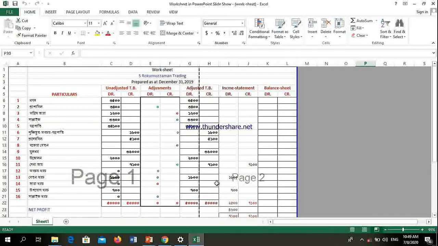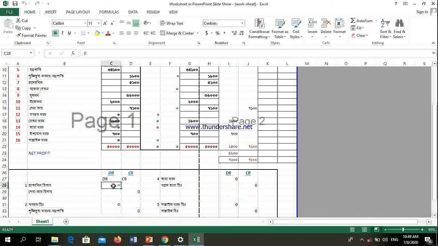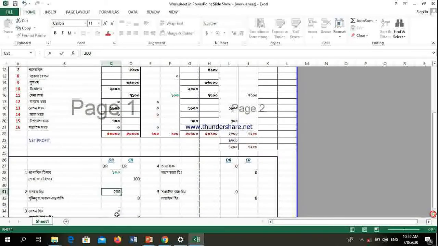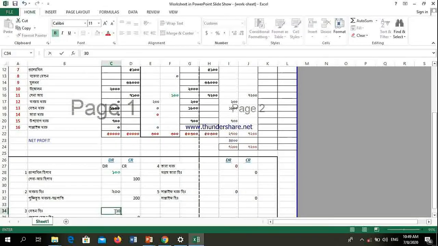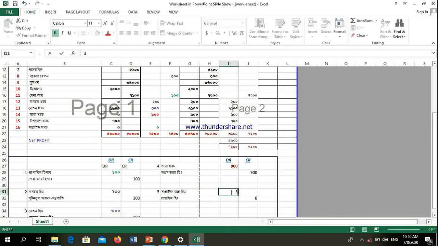Okay. So before calculating, you have to look how much amount here, as it is an unadjusted trial balance. So again, for better understanding, we put the figures again. 100, 200, 300, here 900, here 3000.